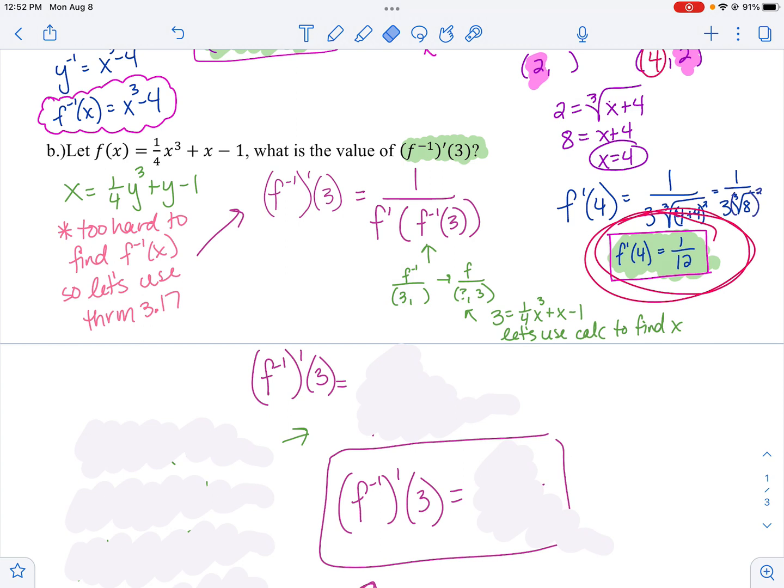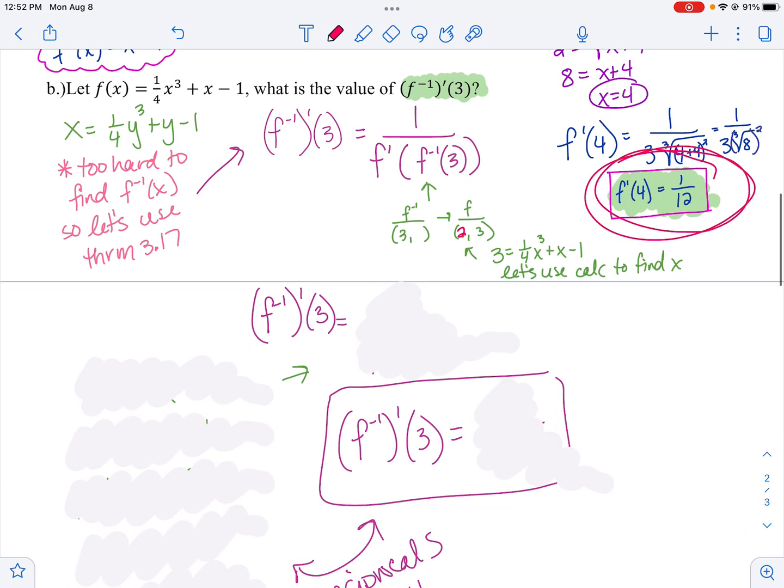Okay, so let's go back here. So now I know that when y is 3, my x is 2 in my original. So that'll help me with my formula. I can find the value of the inverse's derivative at 3 if I know the value of the derivative at 2.